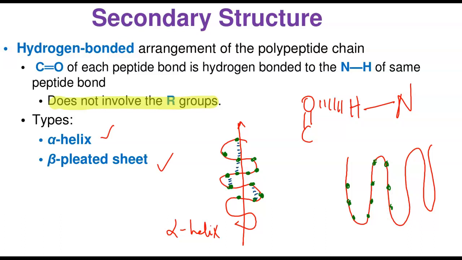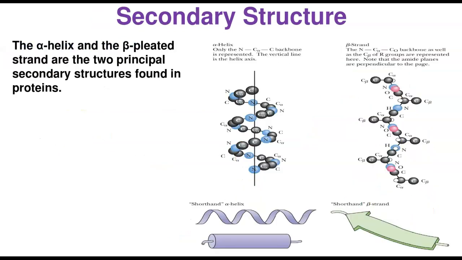Now there will be hydrogen bonding between these, between this, this, and this, holding them together to form what we call the beta sheet, or the beta-pleated sheet. These are the two structures that we see, and we're going to see this more in the next few pages in a better structure.